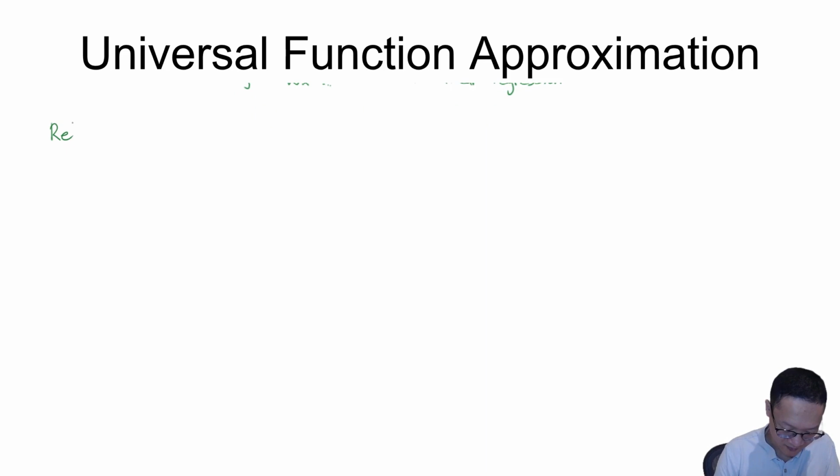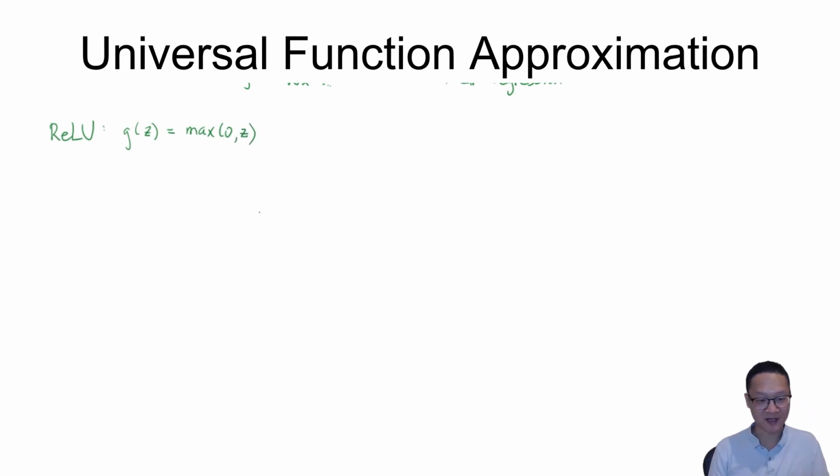Okay, so ReLU, rectified linear unit. So we have g of x, well, let's use Z, because we always use the letter Z to denote the pre-activations. So what does that look like?